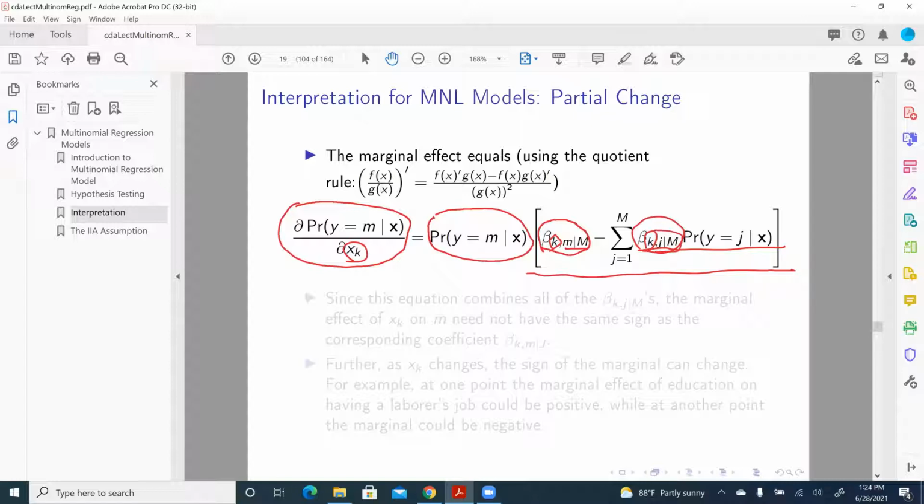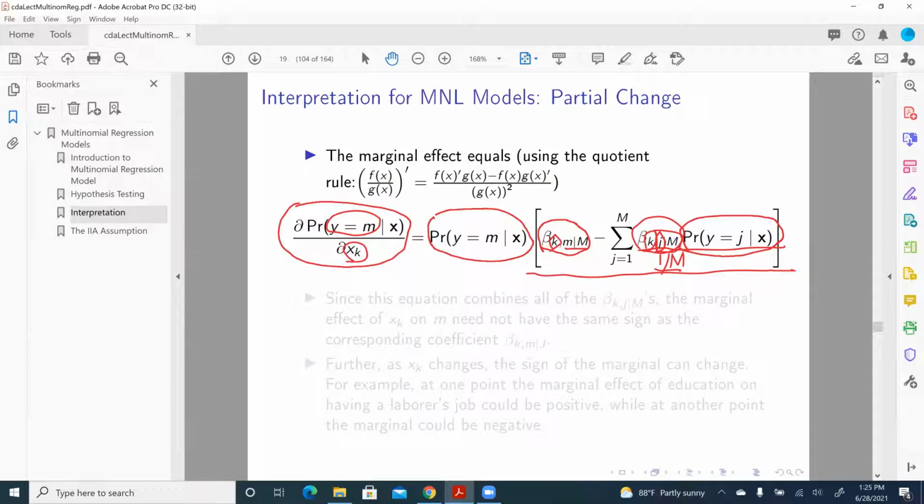But for the odds comparison of j, a generic response over the reference category, capital letter M. So in this case, it's not y equal to lowercase m, but j equal to 1 to M. So first is beta k, that is the slope for xk, the covariate of our interest, for the odds comparison of 1 versus M. That odds comparison equation is multiplied by its corresponding predicted probability given x.